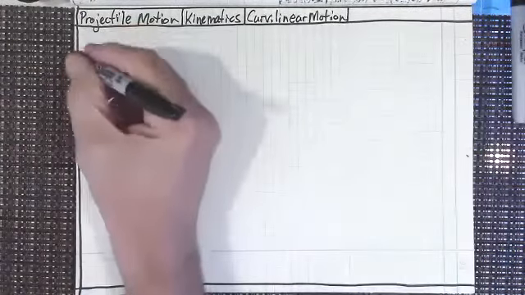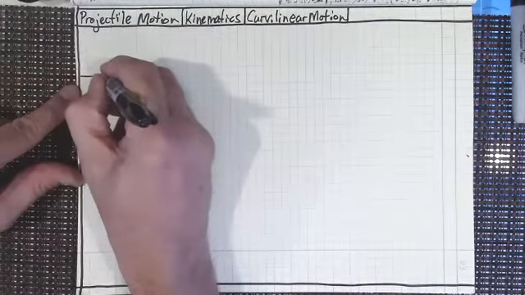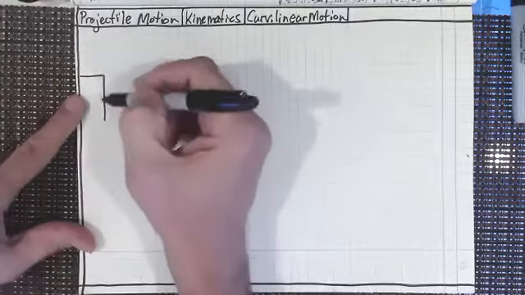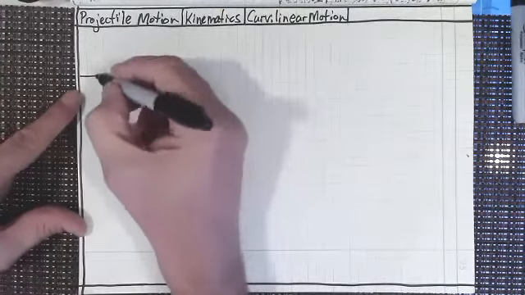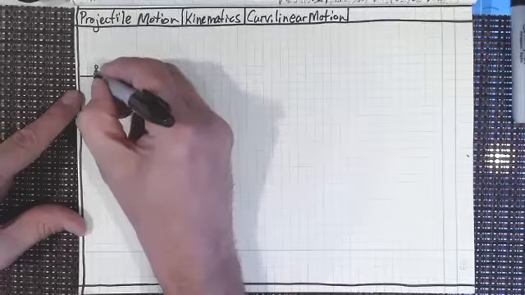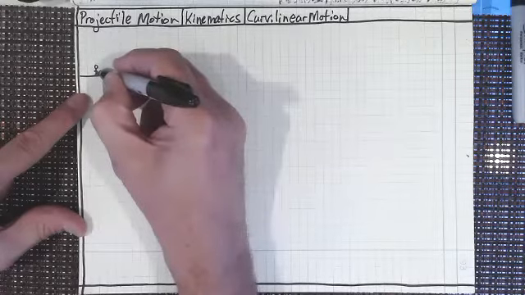Now, here's the statement of the problem. I'm actually going to put the problem over here. We've got a cliff, and we've got a guy. Let's just put someone here, and he's throwing a ball upwards from this cliff, right at the top of the cliff.